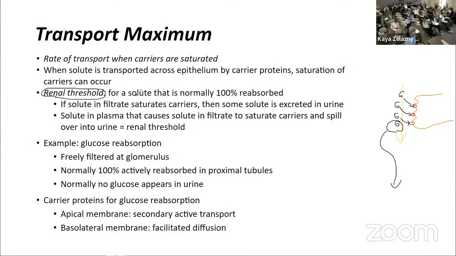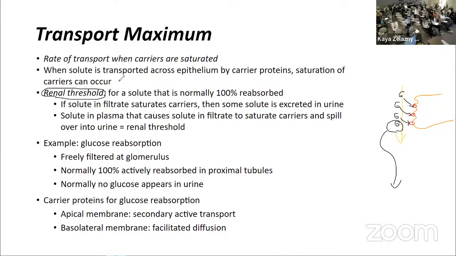So if you have more glucose in your blood than we have space in the kidneys to reabsorb it, you'll have surpassed the renal threshold and you'll have this spillover. If we go above the renal threshold, you see solute, in our case glucose, in the urine.